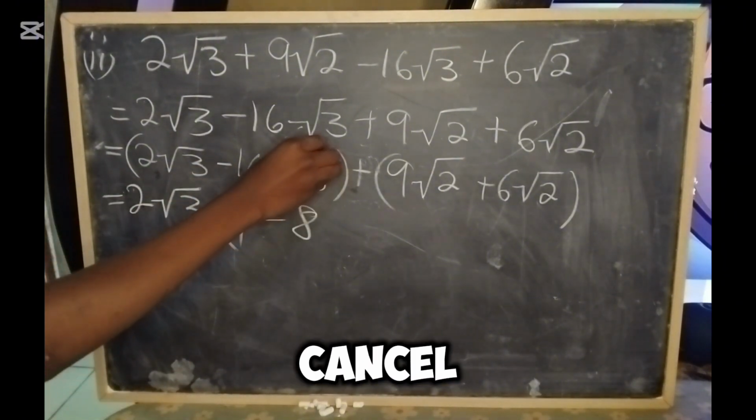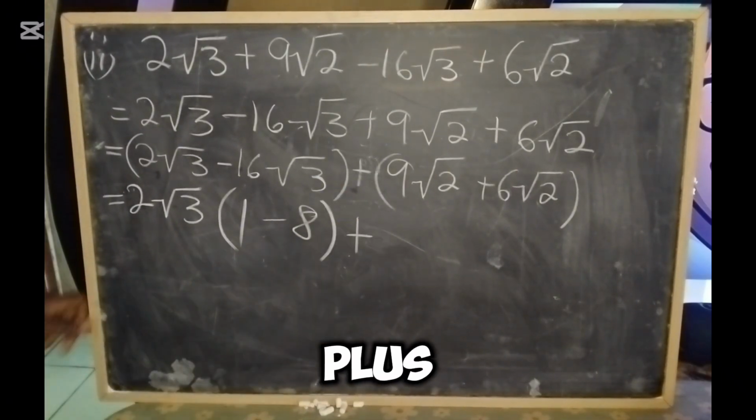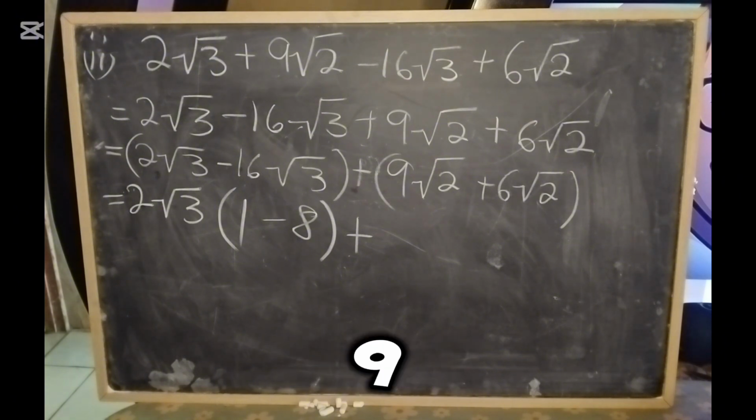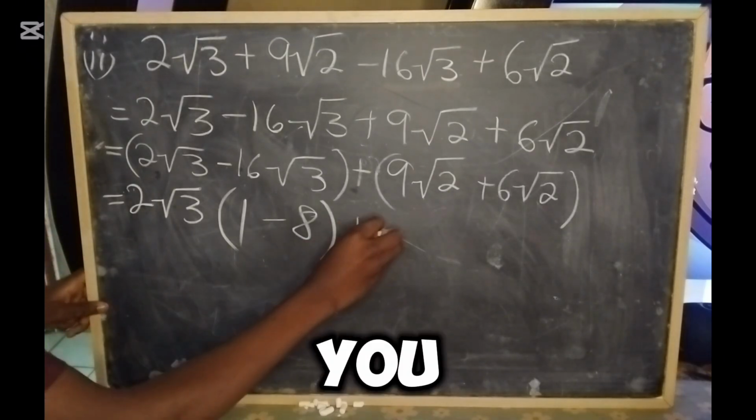The square root of 3 will cancel the square root of 3, then we're left with just this. Then plus. Which number is common to both 9 and 6 that can divide them? It's obviously 3. 3 can enter 9 and 3 can also enter 6. You're going to take out 3.